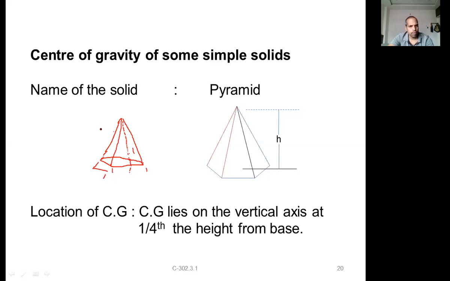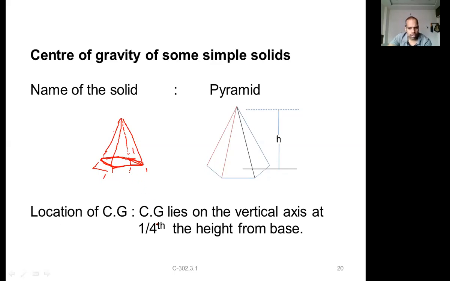At the base, a pyramid always has a square section, so all the sides are the same size.